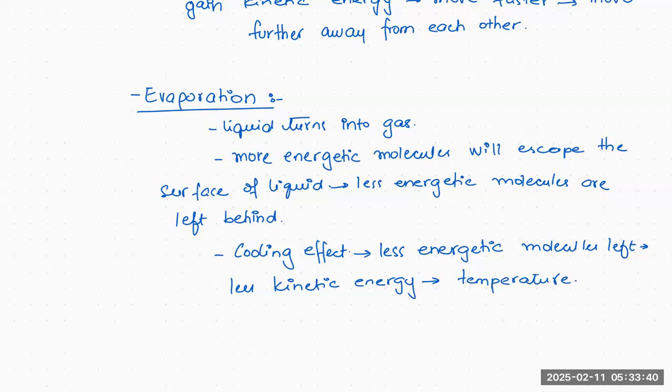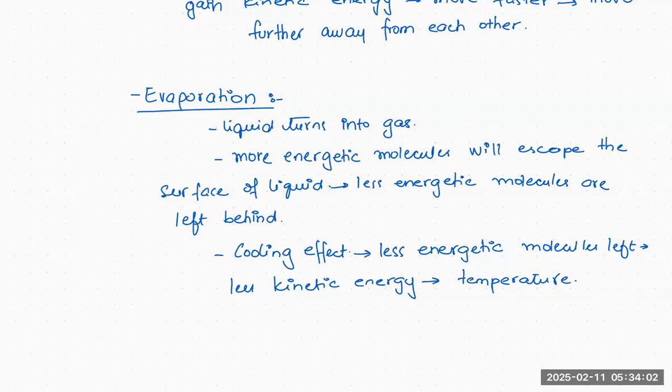After the more energetic molecules have escaped, the less energetic molecules will stay behind, which means the molecules will have less kinetic energy, so the temperature is also going to be lower.